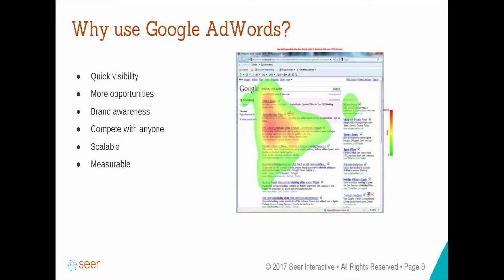So basically, if you're running maybe a $100 a day campaign, and you see that performance is going really well, you can easily scale that up and start spending a lot more money because that's doing great.